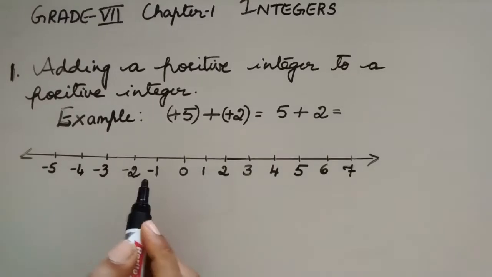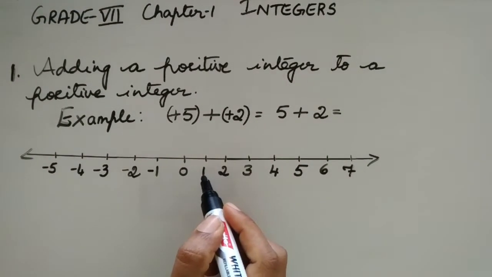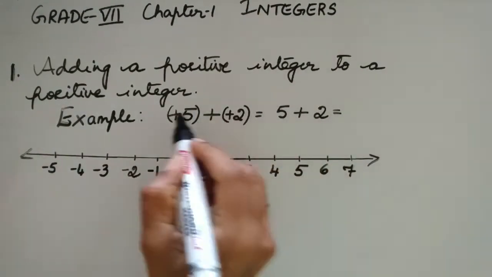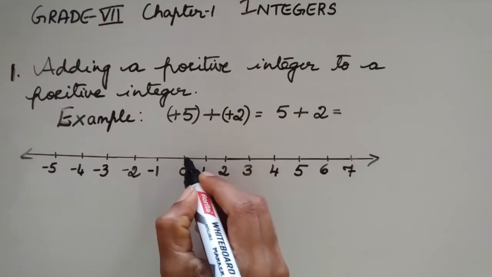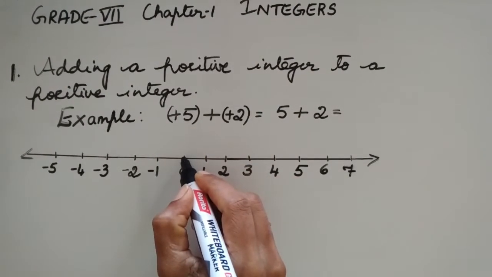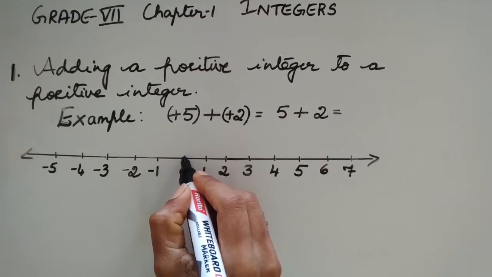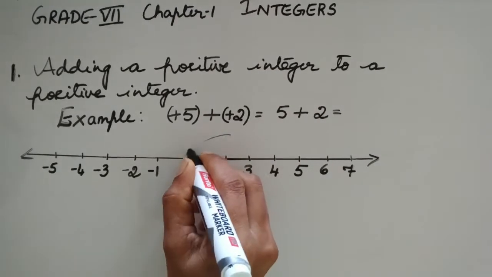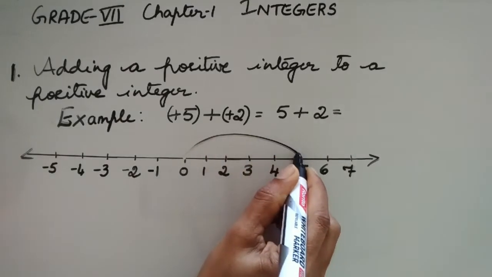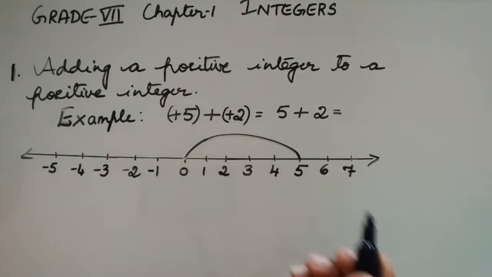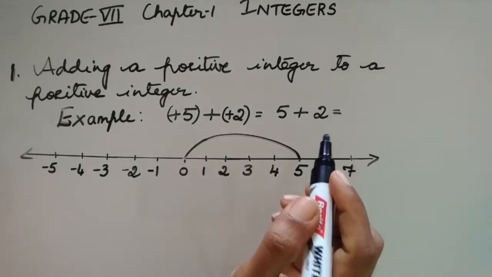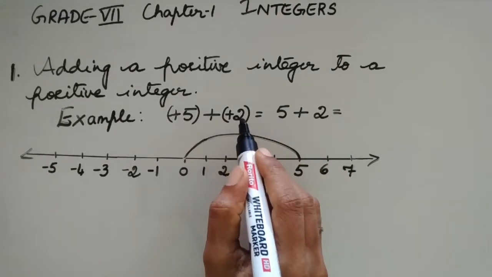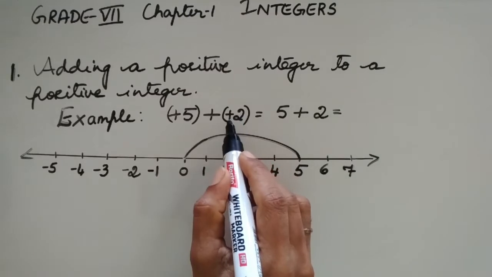Now first on the number line we move to 5, that is plus 5. We start from 0 and we move to 5. And we add the positive integer plus 2, isn't it?